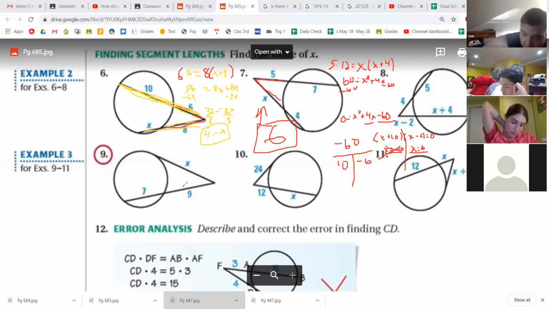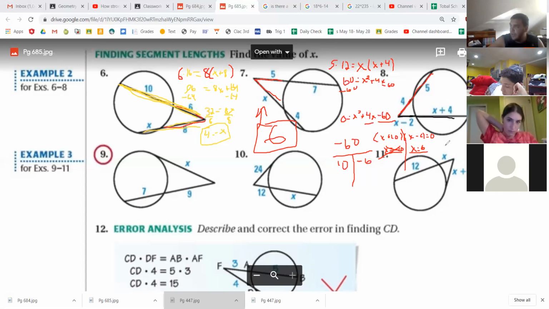Number 8, everyone's favorite, more factoring. So number 8 over here is 4 times the whole thing, which is 9. So 4, let me do a different color so they're separated. So 4 times 9 equals, over here, we got x minus 2 times the whole line.